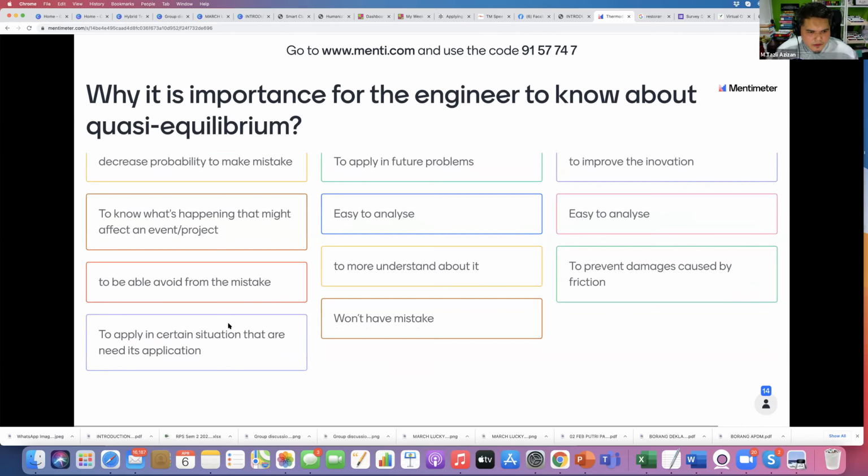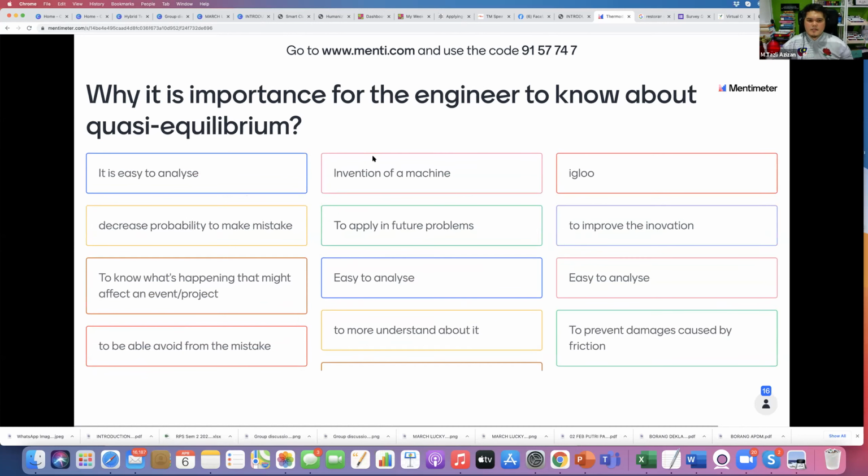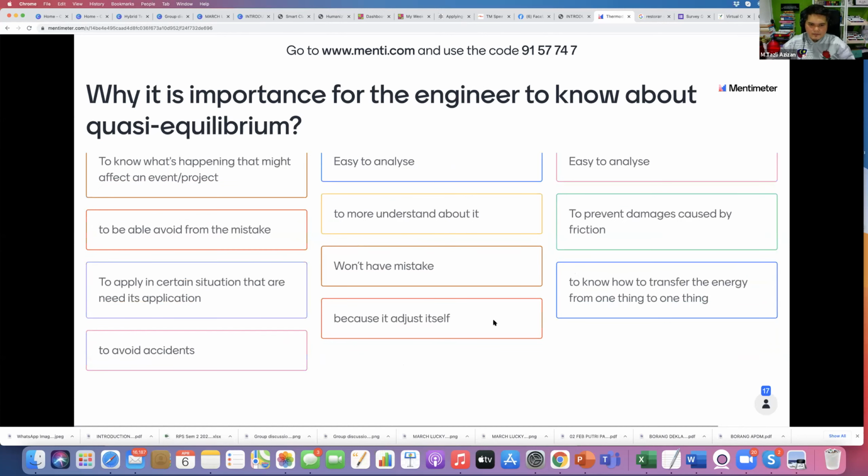So you will not be able to make mistakes. To apply in certain situations where there are needs in application, to apply to future problems, invention of a machine, and so on. Because it adjusts itself.